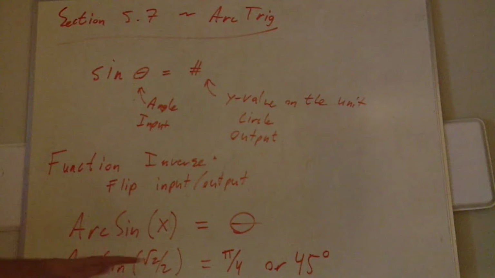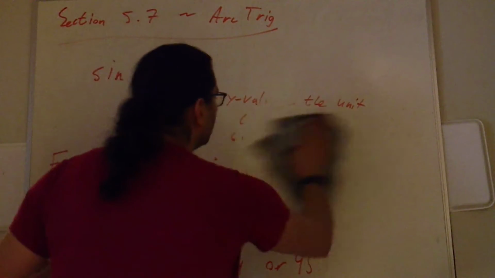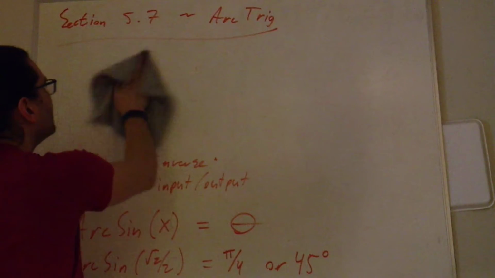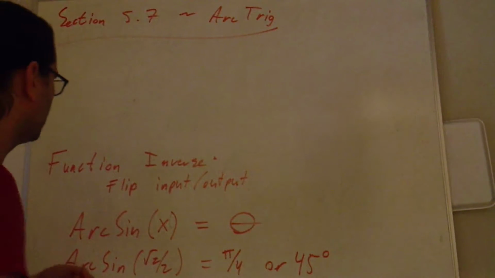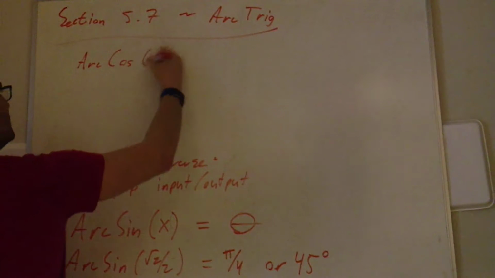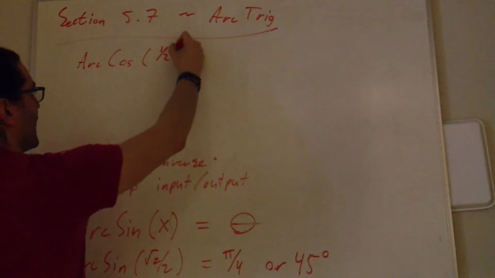So this is our first pass. Relatively straightforward. Flipping inputs and outputs on the sine function. We can do the same thing with cosines and tangents. The arc cosine of, let's say, 1/2.